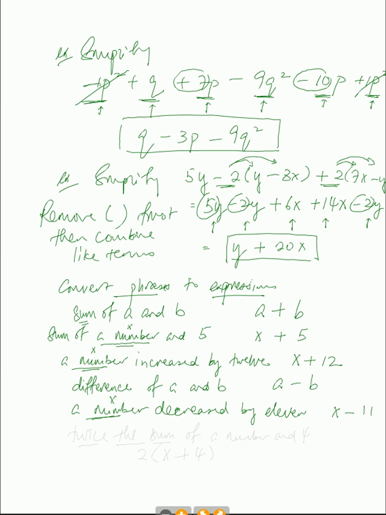So how can we make the question harder? Okay, how about we use something like twice the sum of a number and 4. So you understand that when you see the word sum, it means addition. Okay, the only thing is what I'm trying to do here is to double the sum, so twice the sum.